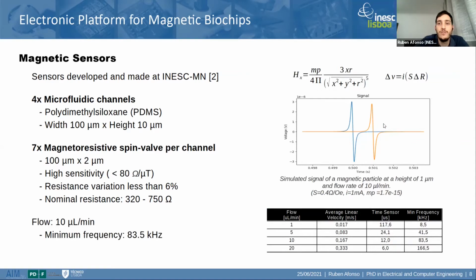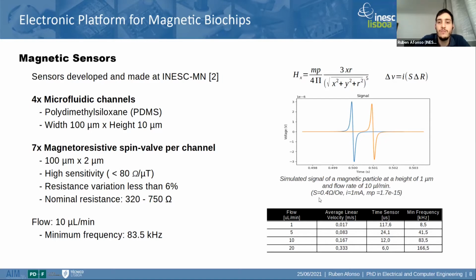For example, if you have 2 sensors, spaced X, depending on the flow rate, a signal will appear first on sensor 1 in blue, and moments later on the second sensor, the orange one. Since the particle can go at different heights, the voltage can also vary.